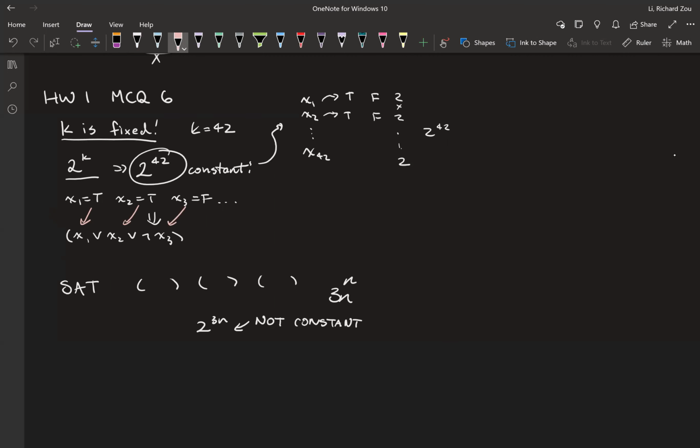Well, true or true or true, and this clause is satisfied. This works, and you do this with every single clause, given some assignment, up to x42 is equal to false. Plug in these variables and see whether that satisfies or not. And going through that and plugging in all the variables is obviously polynomial time. We're just checking one clause at a time. And if we do this for every single assignment, and assuming that the number of assignments, again because k is fixed, is constant, then we can say this problem can be done in polynomial time in total.